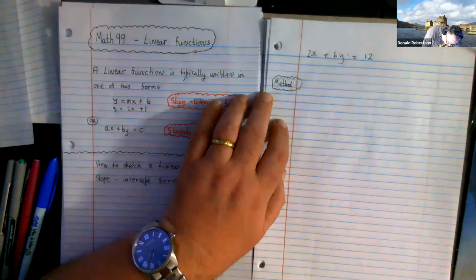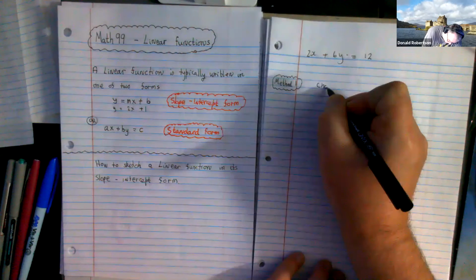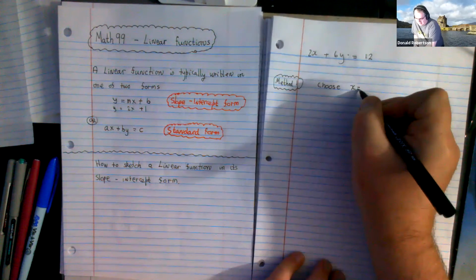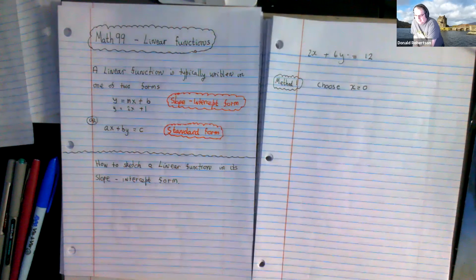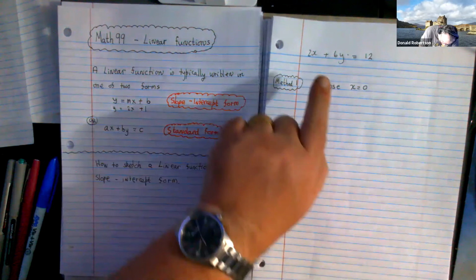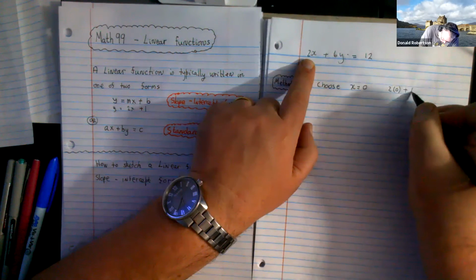You should get déjà vu here. I think I've done this method before. I'm choosing x equals 0, and I'm going up here and saying 2 lots of x plus 6 lots of y equals 12.